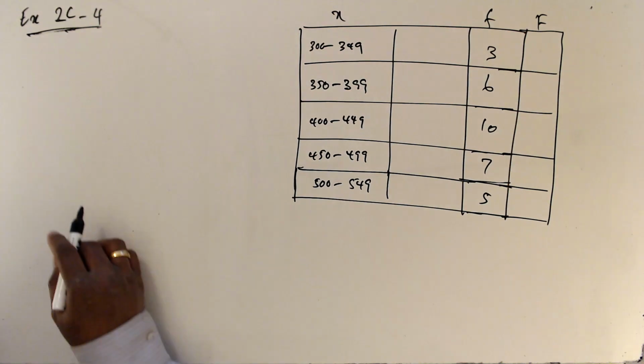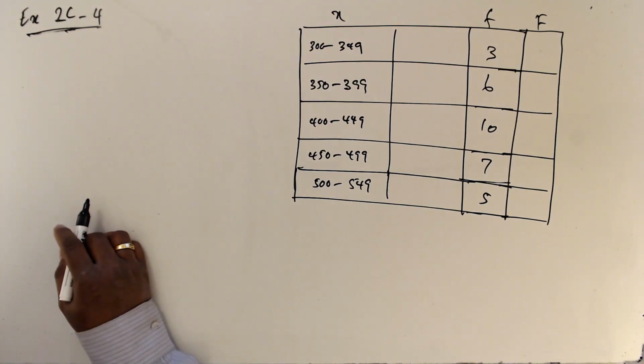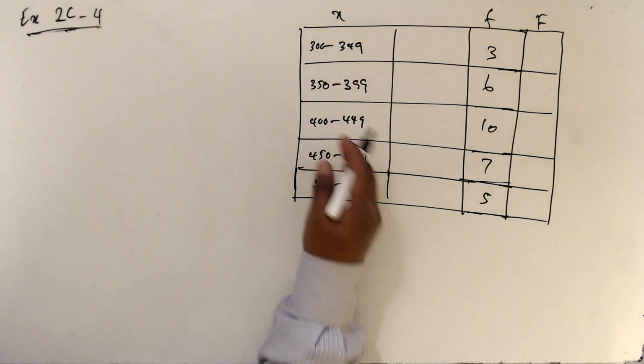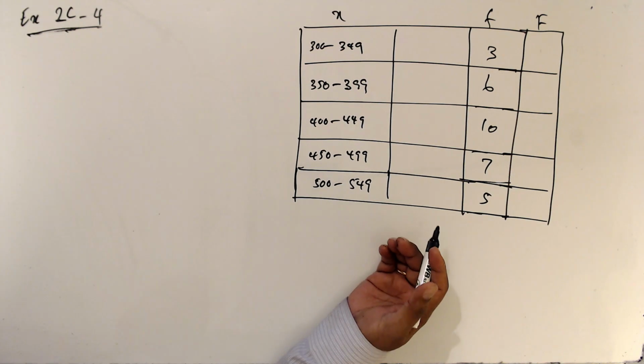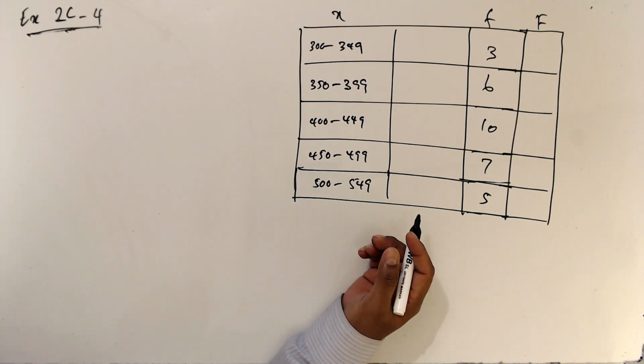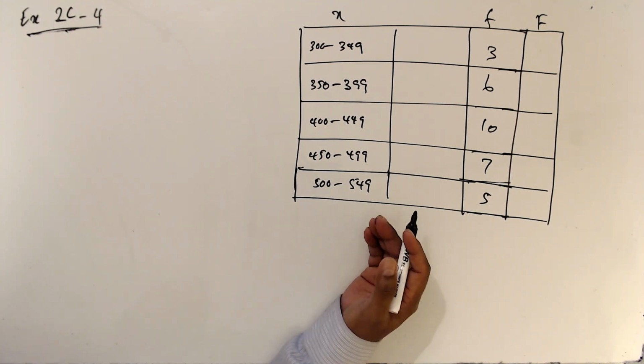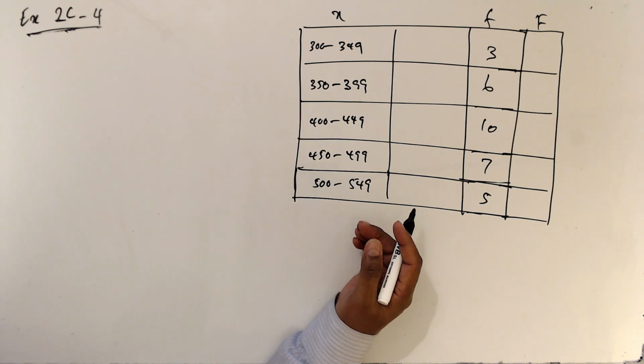Question number 4. The weights of 31 Jersey cows were recorded to the nearest kilogram. This is a scale, the variable is on a continuous scale, so there is no issue. But in the previous sum it was discrete because it was the number of breakdowns, and we had to turn it into a continuous scale to obtain the answer from the interpolation.